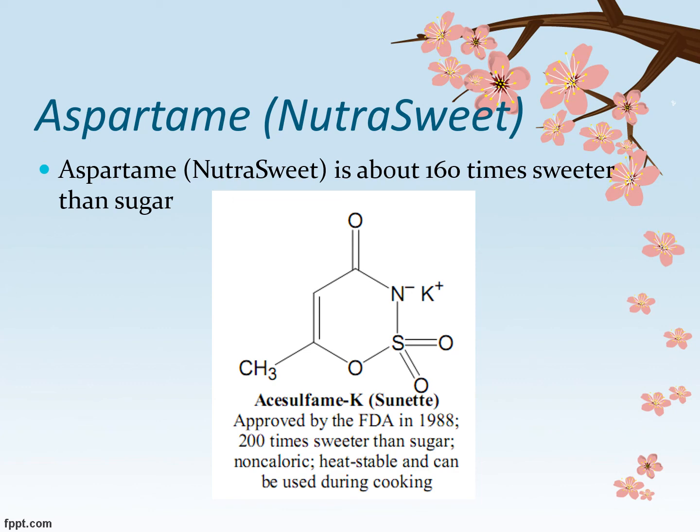It was approved by the FDA in 1988, and it is 200 times sweeter than sugar. It is non-caloric. I mean, it is not absorbed by the blood, so when you consume it, it is immediately secreted out of the body. It is heat stable and can also be used during cooking.